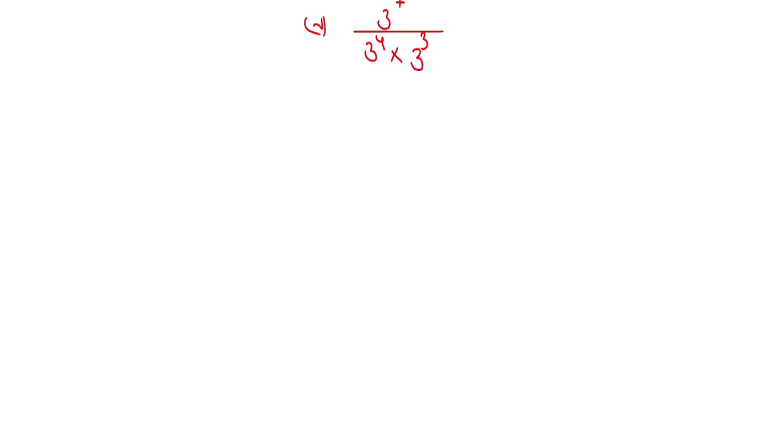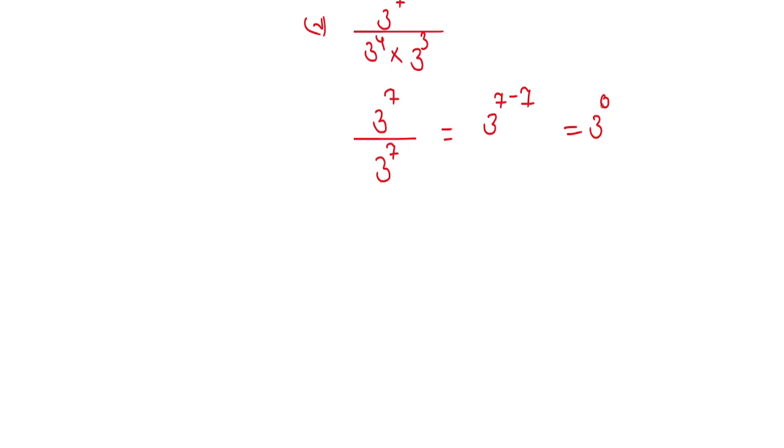First you have to add the powers: 4 and 3, that is 7. Now you have to subtract the powers. So it became 3 raised to the power 7 minus 7, 3 raised to the power 0.